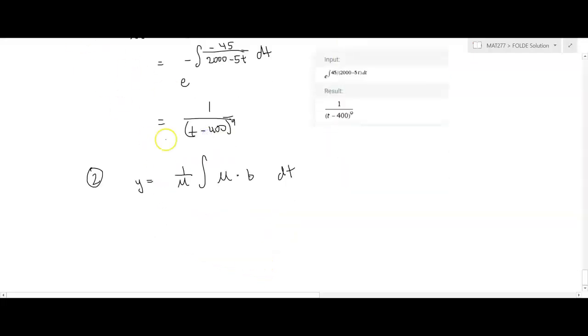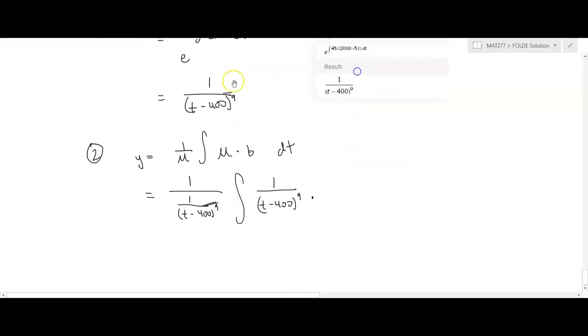All right, 1 over mu, so we have 1 over t minus 400 to the ninth, and multiplied by our b of t. Recall our b of t is 80, so that just impacts this by a constant. And now we're ready to compute this integral.